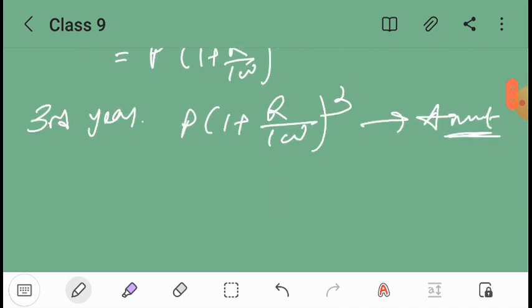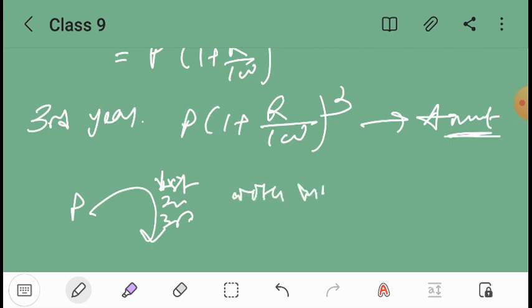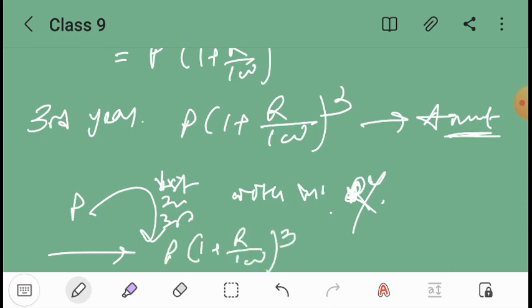So if we start from P, and after 3 years, first year, second year, third year, with interest of R%, the amount to be paid is P into 1 plus R by 100 to the power 3.